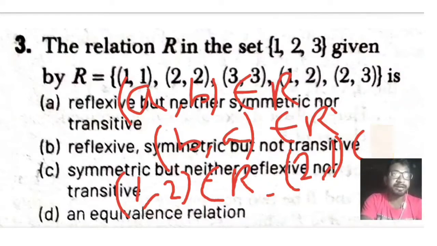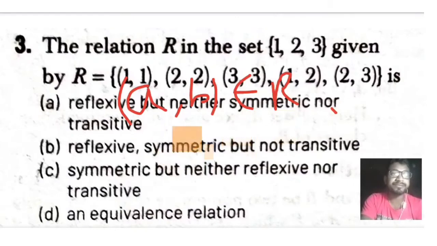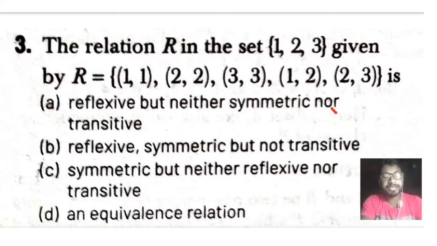Okay. Now check transitive. What is the meaning of transitive? Transitive means if (a, b) and (b, c) belong to R, then (a, c) belongs to R. Here are two elements.